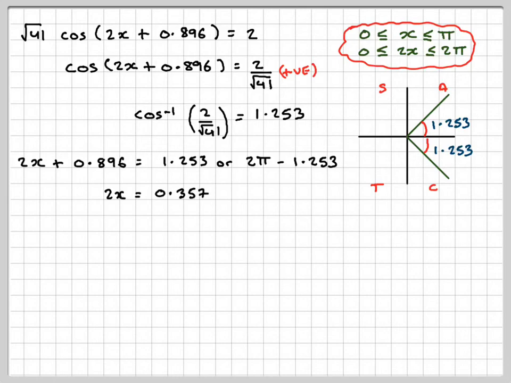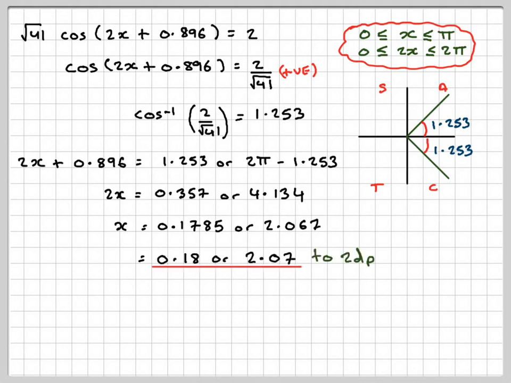So that gives me that 2x is going to be equal to 0.357, taking away 0.896, or 4.134, so I've done 2 pi minus 1.253 minus 0.896. So we're going to get that x is equal to 0.1785, or 2.067, and then to 2 decimal places that's going to give me 0.18, or 2.07.